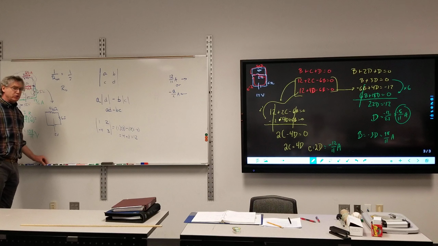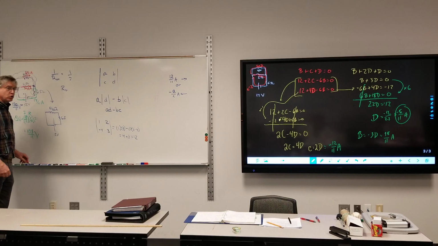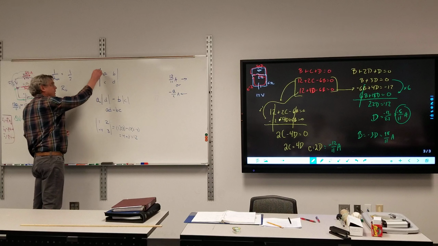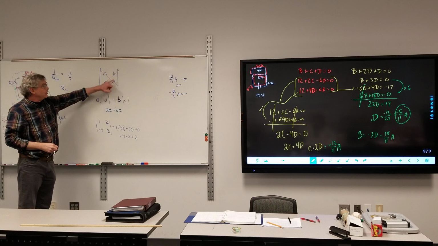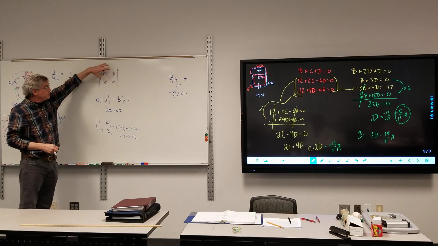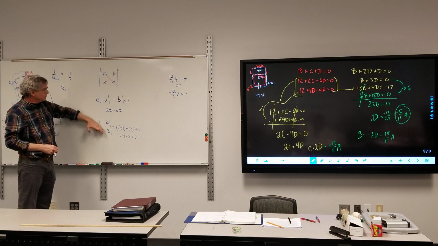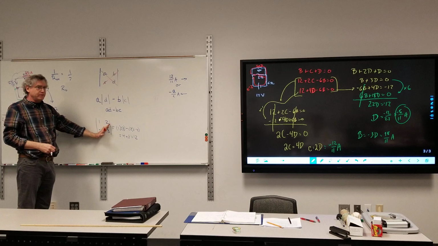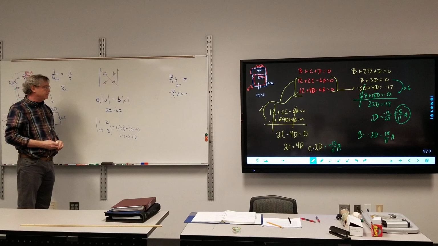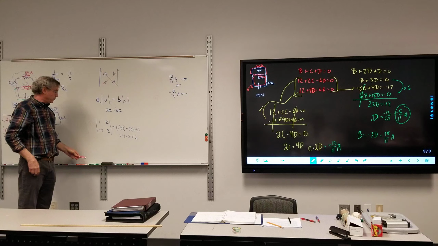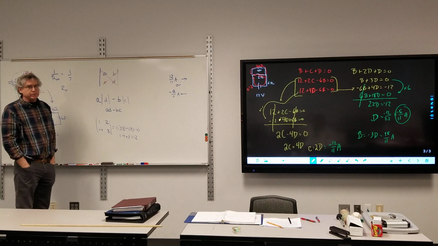For the 2 by 2, the shortcut is the product of that diagonal minus the product of that diagonal. Unfortunately, that technique does not work for any other size.